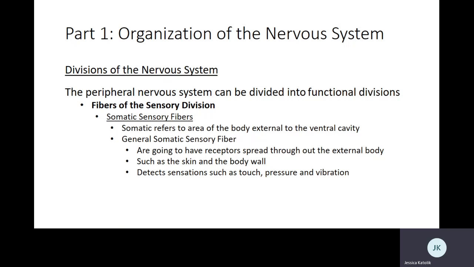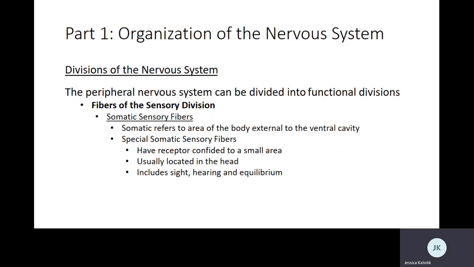If you're sitting in bed or at a table, you know exactly where your foot is and the angle of your joint without even having to look at it. That is an example of proprioception, and an example of a general somatic sensory fiber going to that area. So general means spread throughout the body.